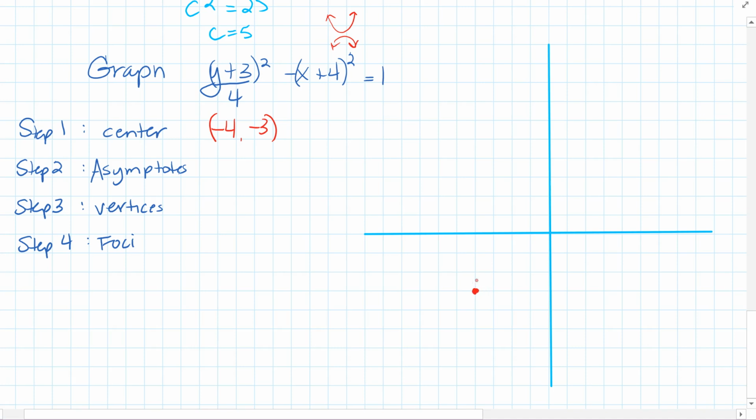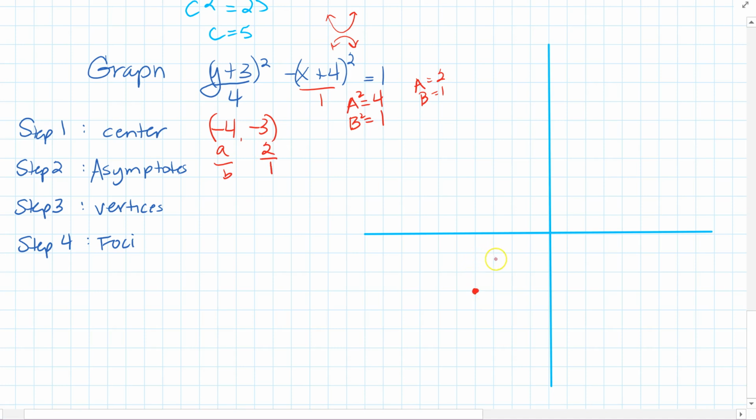Now let's find the asymptotes, because I'm going to come off the center with those. When it's in this form, it's A over B. I'm sorry, A squared, B squared. So that means my A is 2, and B is 1. All right, so that means 2 over 1 is the slope.